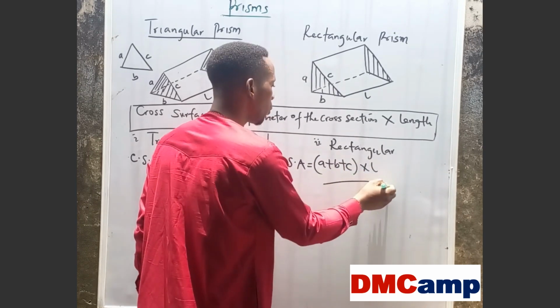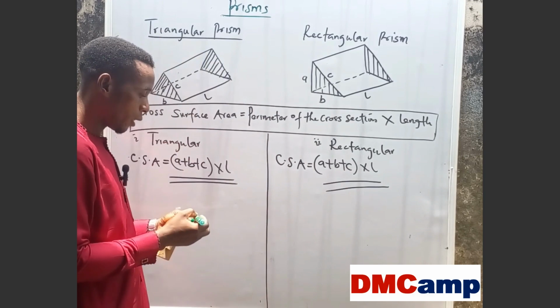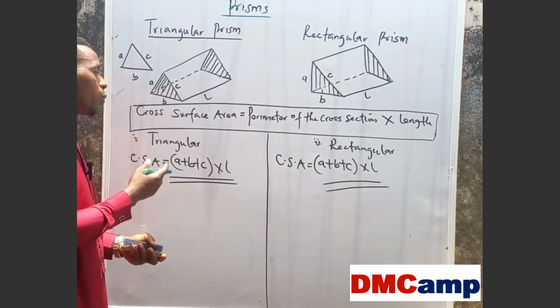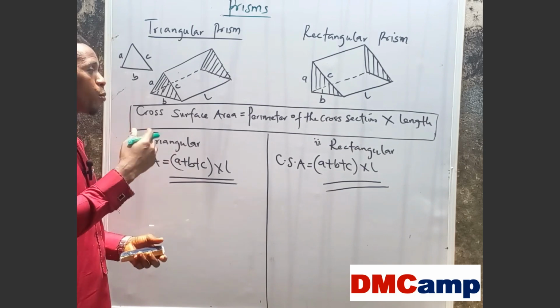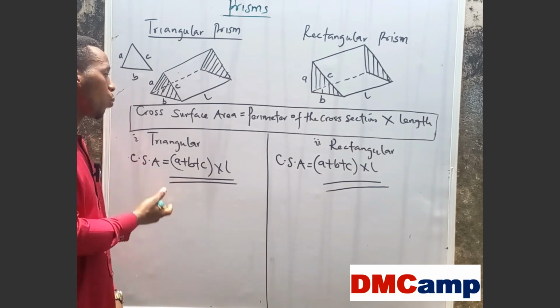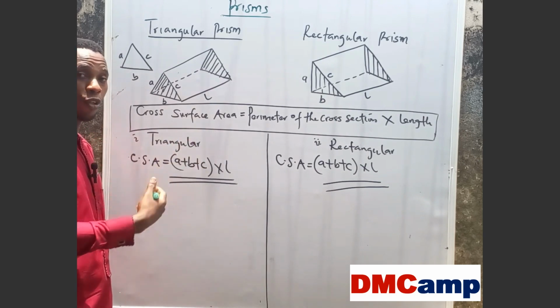Whether it is triangular or rectangular, if you want to calculate the cross surface area, just multiply the perimeter of the cross section by the length. You will have your cross surface area.